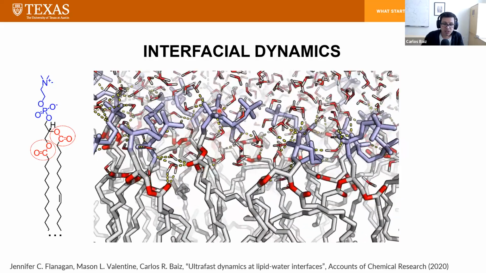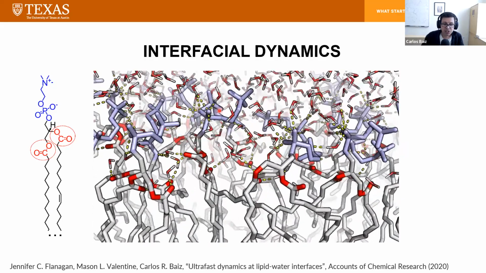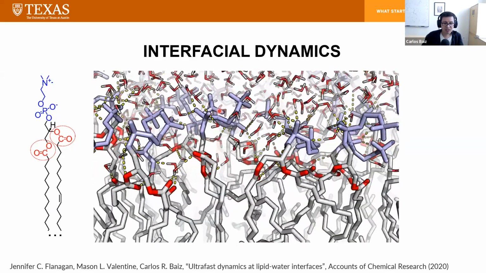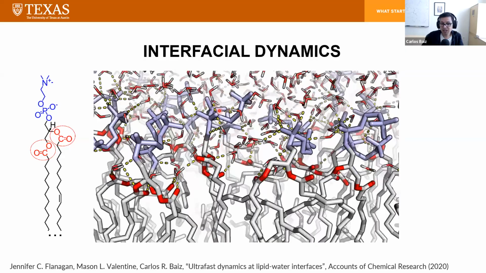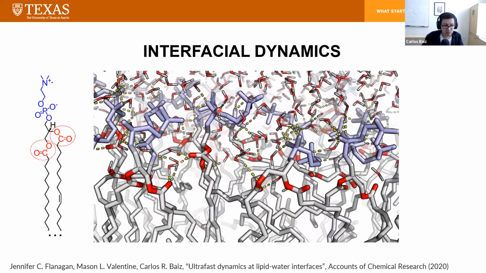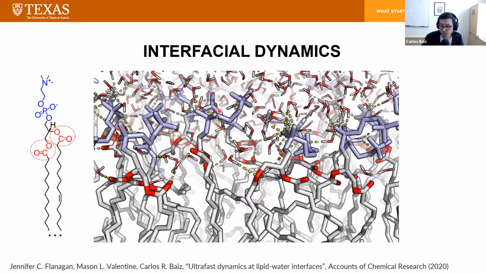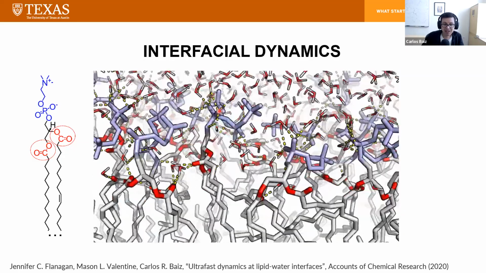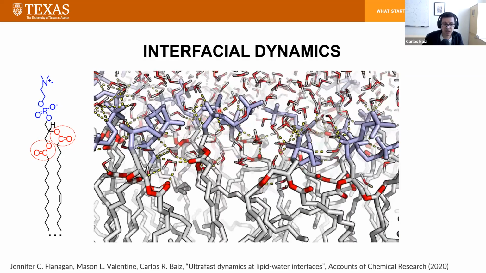What that means is we need to be able to probe the changes in the environment as a function of time. Now, when I say time, that means that there's got to be some characteristic timescale that we need to be able to access with our experiment. So in the case of molecules, that characteristic timescale is the picosecond timescale.